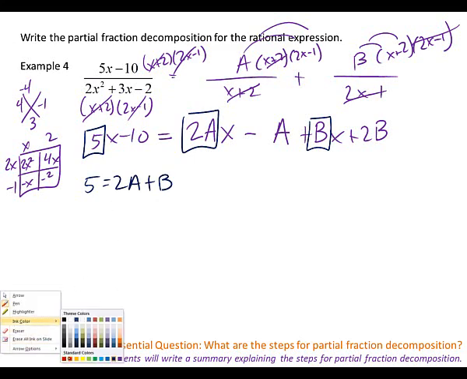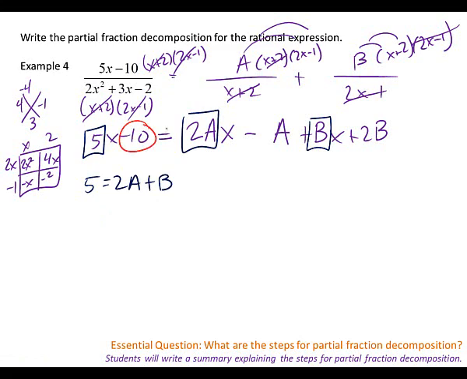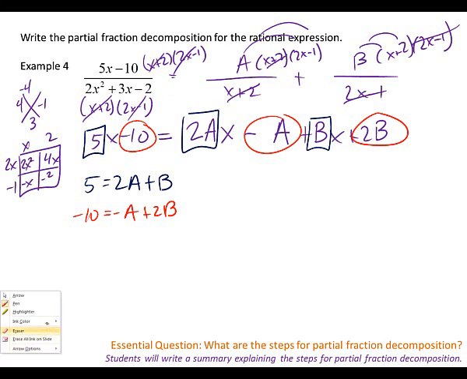And then red is going to be my constants. So I've got negative 10, negative a, and 2b. So negative 10 equals negative a plus 2b. Okay.